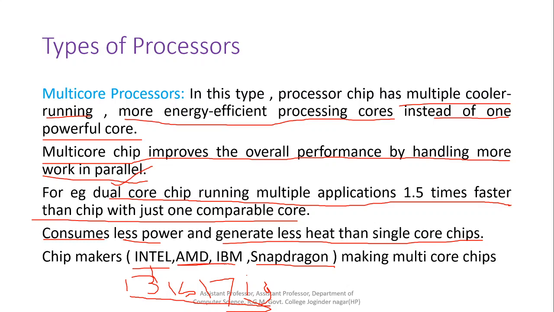Similarly, AMD is also a very large manufacturer of these chipsets. In the latest scenario, AMD also manufactures the Ryzen series, and in the Ryzen series we have the Ryzen 3 processor, Ryzen 5 processor, Ryzen 7 processor, and Ryzen 9 processor.